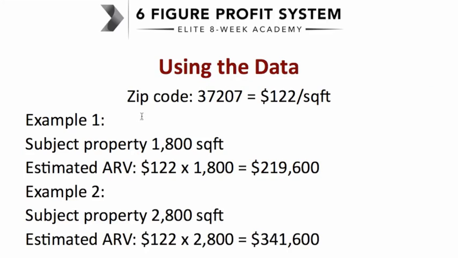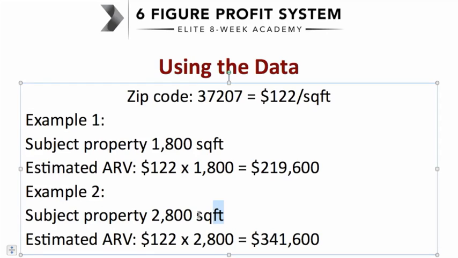Let's take another example of 2,800 square feet in that same zip code of 37207. If I take $122, the average sold price per square foot, times 2,800 square feet, that gets me to 341. So that 2,800 square foot home has a value of 341, whereas the 1,800 square foot home in the same market is 219.